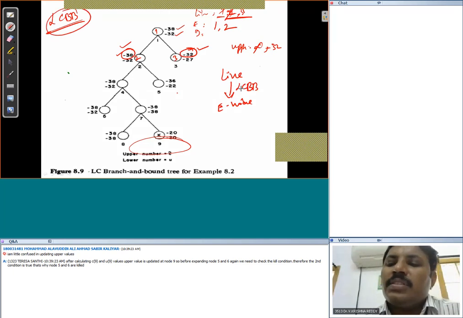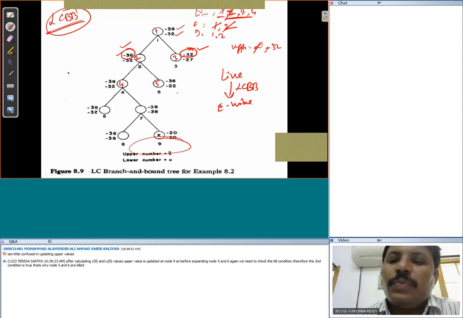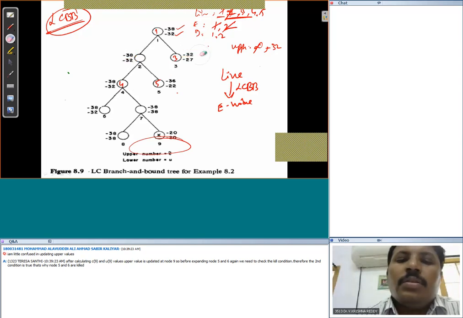The remaining process is the same. Next, node 2 is expanded, and nodes 4 and 5 are generated; 3 is already there. So out of 3, 4, 5, after comparison with the kill condition, which node do we have to select?